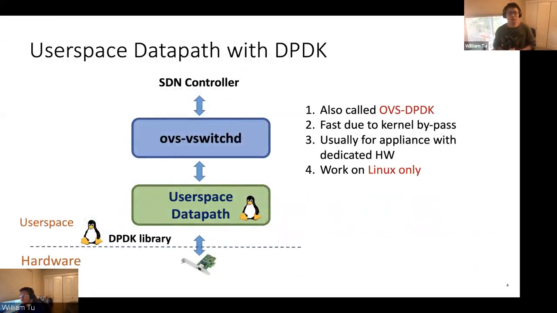The Userspace Datapath with DPDK, or what we call OVS-DPDK, is pretty fast. It's basically the fastest OVS today. The idea is that when a packet comes from your NIC card, it doesn't go to the kernel. It actually bypasses the kernel space, and the packet content is directly DMAed into the Userspace OVS. So the Userspace OVS Datapath gets a pretty high packet rate due to using the DPDK library to send and receive packets.